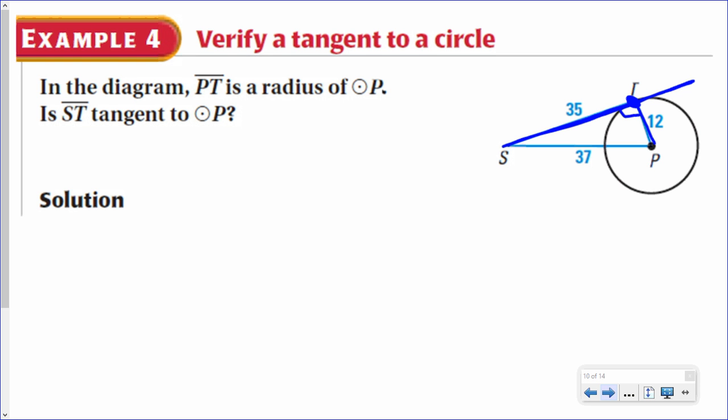Now, to check to see if it actually is 90 degrees, you'd use a squared plus b squared equals c squared, where 37 is your c squared. 12 and 35 are your a and b. Do a little simplifying here.